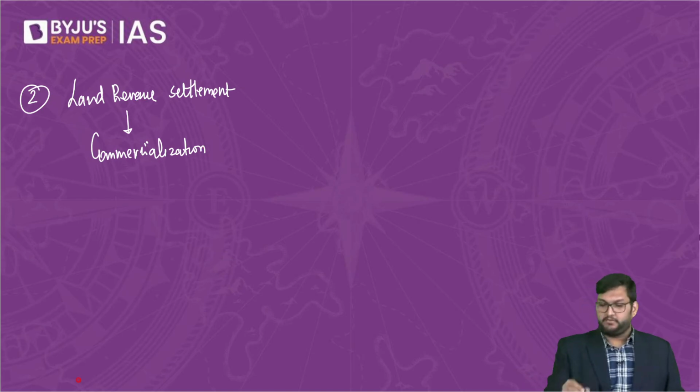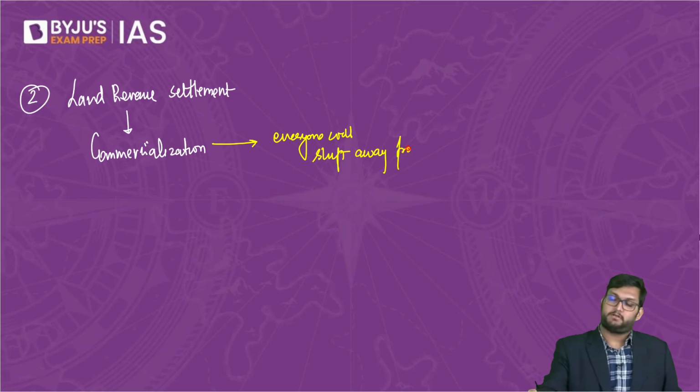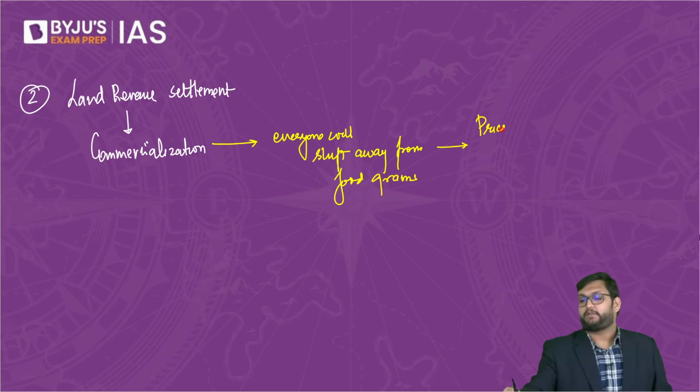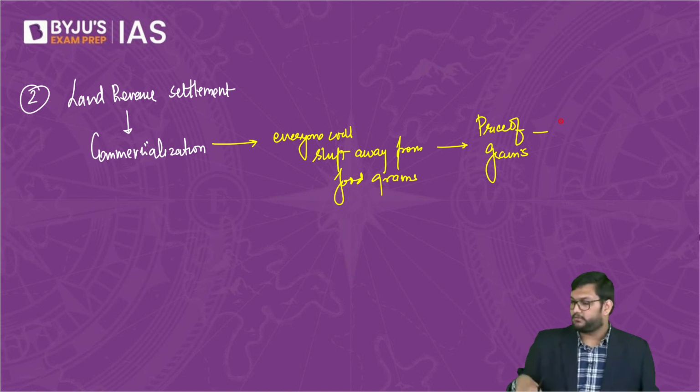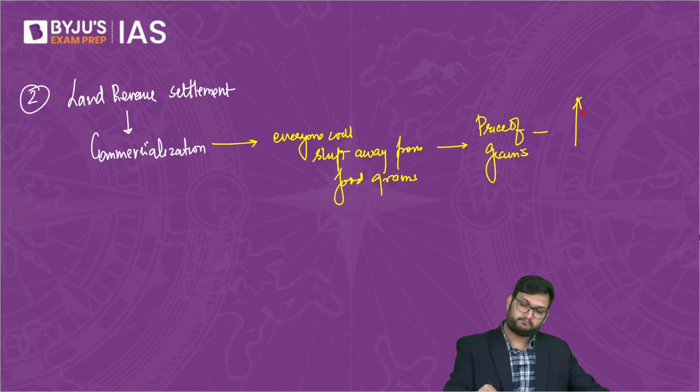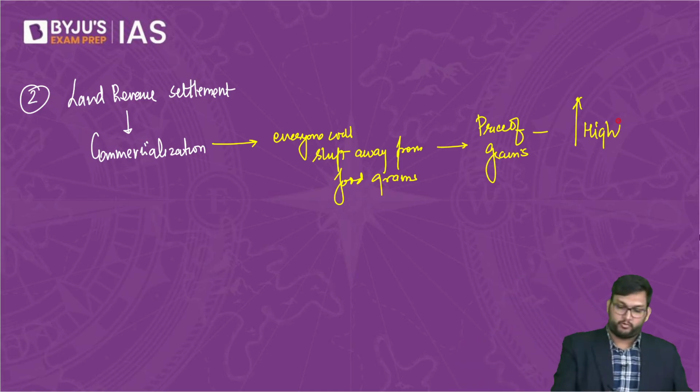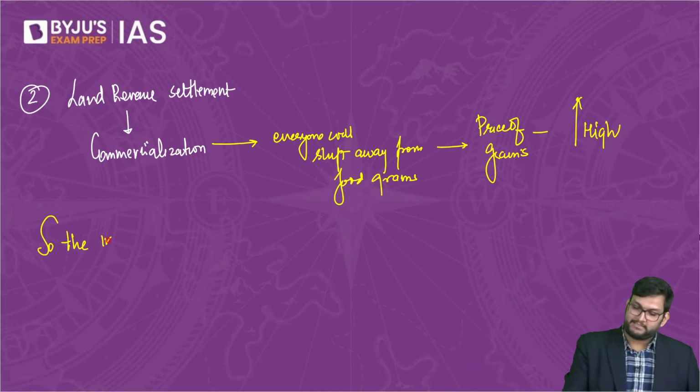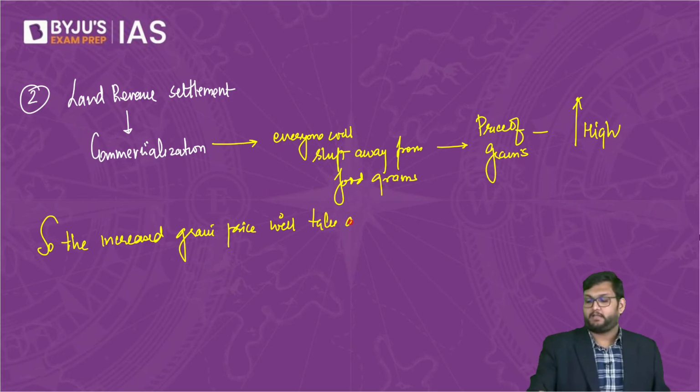So if everyone will shift away from food grains, the price of grains will go where? Up or down? So the increased grain price will take away the second advantage.